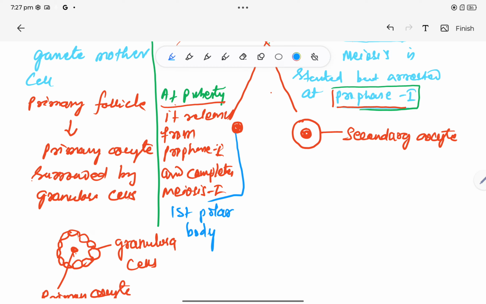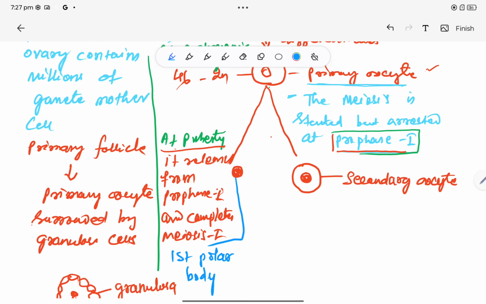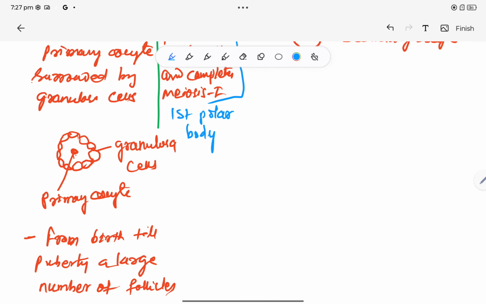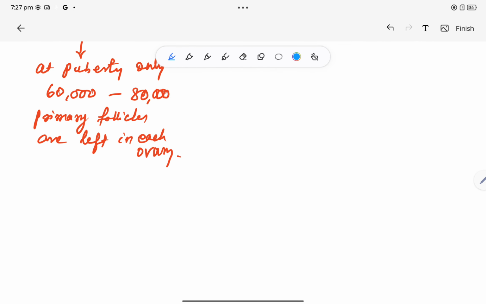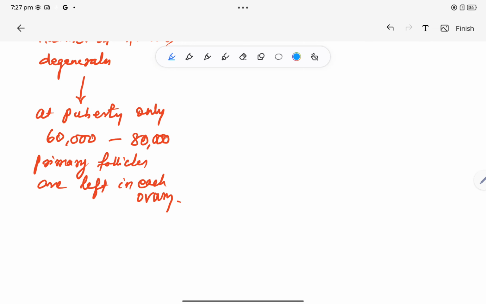Clear? Now this first polar body may divide or it may not divide, and it may degenerate. Now this secondary oocyte is contained in the secondary follicle, then the Graafian follicle.